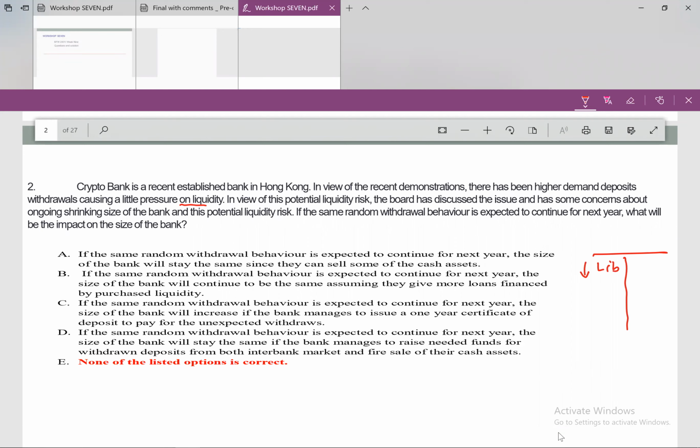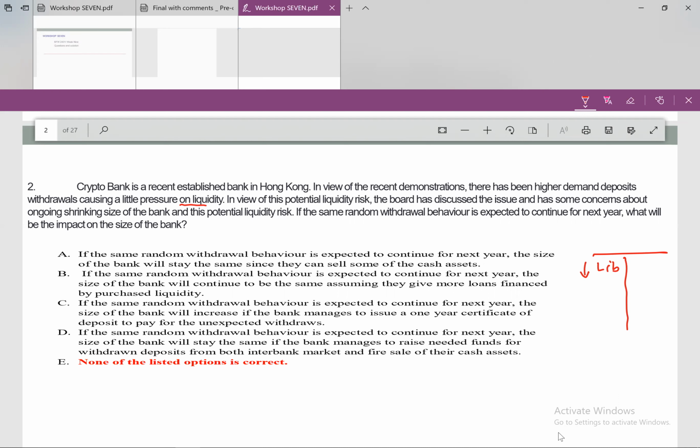In view of the potential liquidity risk, the board has discussed the issue and has some concern about the ongoing shrinking size of the bank, and this represents a potential liquidity risk.